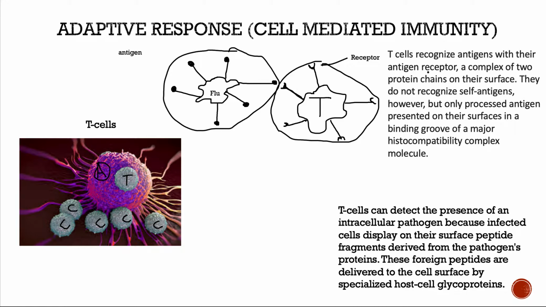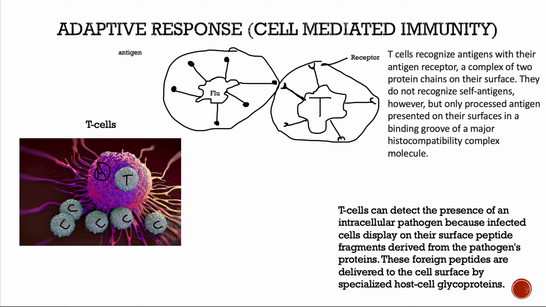A complex of 2 protein chains on the surface. They do not recognize self-antigens, however, but only process antigen presented on their surfaces in a binding groove of a major histocompatibility complex molecule. So further on, pretty much what cell-mediated is, it's direct, and what it does is it finds the antigen, and these T cells are designed to take out the antigen.